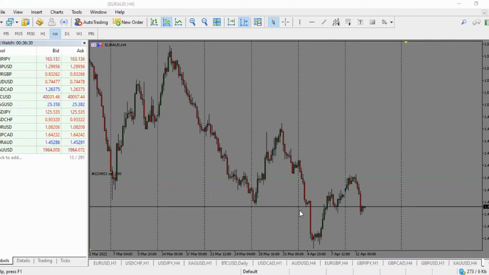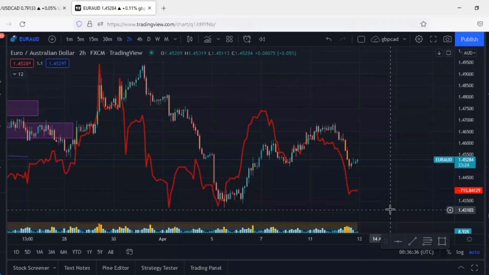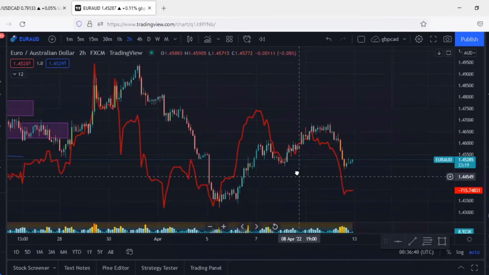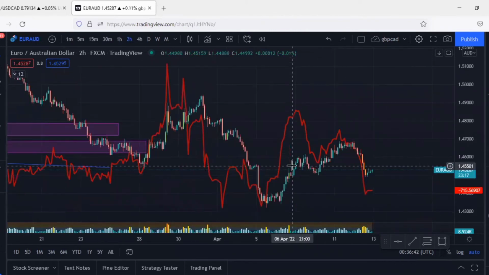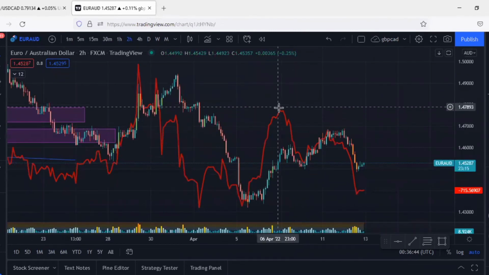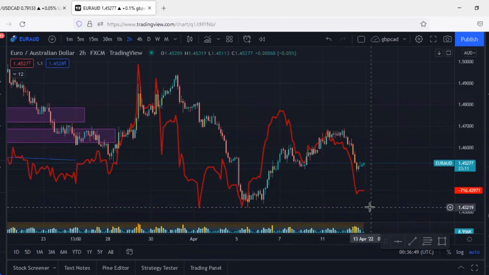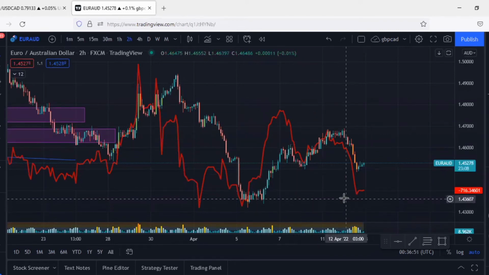Now I'm going to share my screen. This is EURAUD. The value line you're looking at here shows us the market maker sentiment, what the market makers are doing. Are they bearish? Are they bullish?